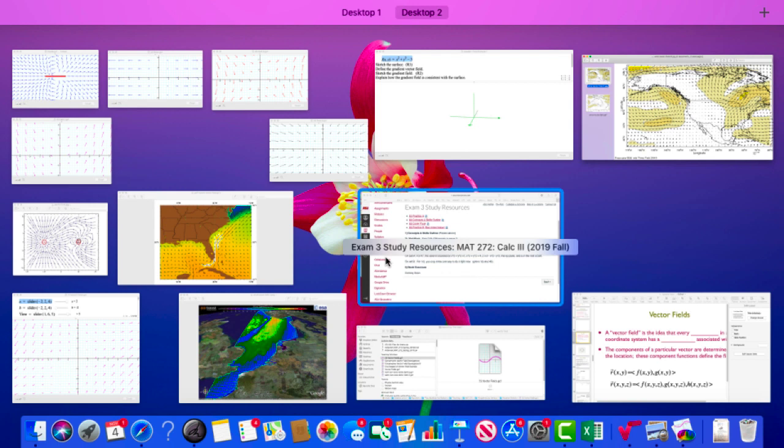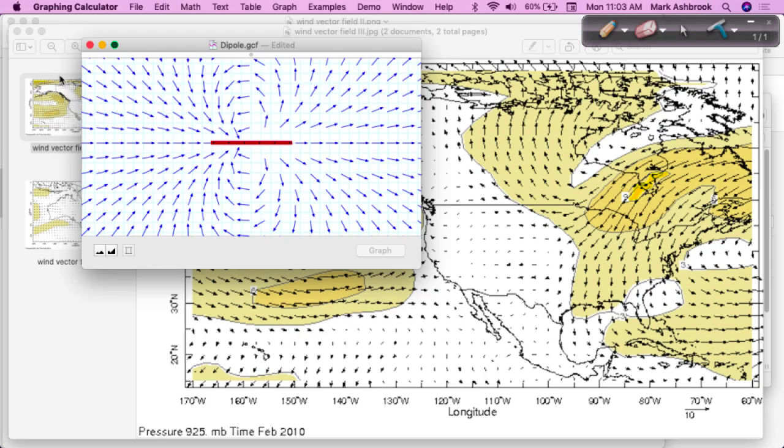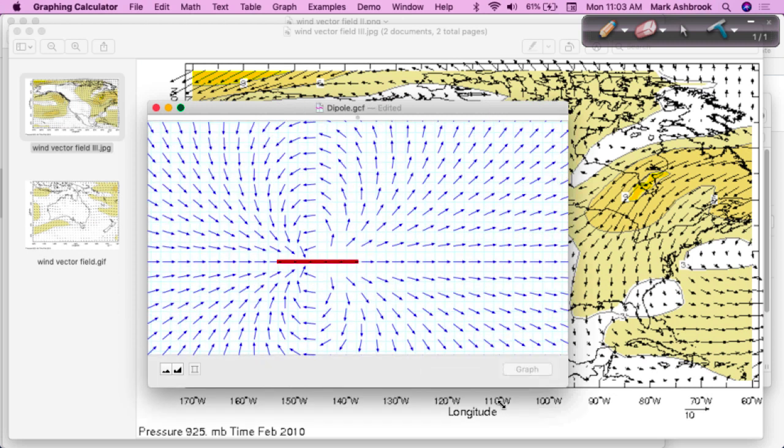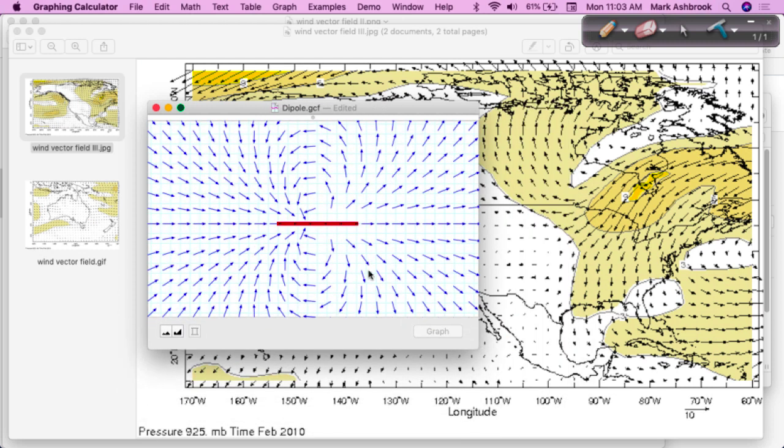Another one is a magnetic field. So here's a magnetic field. You've got repulsive forces at one end of the dipole, and attractive forces at the other.